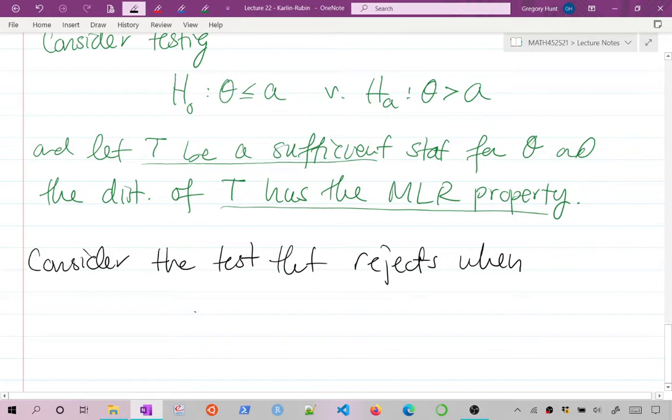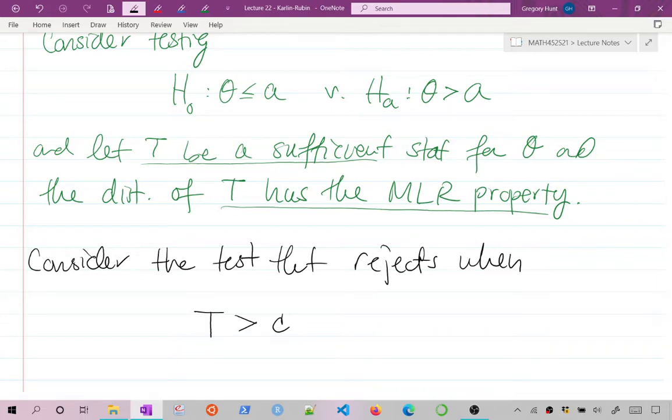If T is sufficient, it tells us about theta, and we're going to reject when T is big enough. The idea is that the null is that theta is small, and if T is sufficient and it has this increasing property, this MLR property, then large values of T are going to give us evidence of the alternative, and small values of T are going to give us evidence of the null.